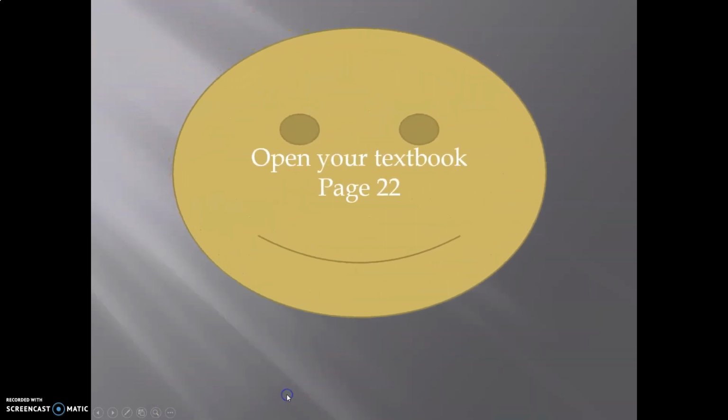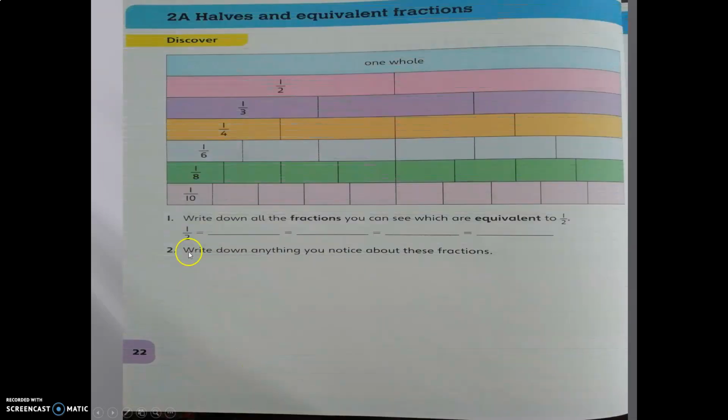So please open your book, page 22. Okay, here he is giving you colored ribbons, and here the whole bar. Now he cut the whole bar into 2 equal parts, half and half. Then he cut the whole bar into 3 equal parts, and here he cut the bar into 4 equal parts.